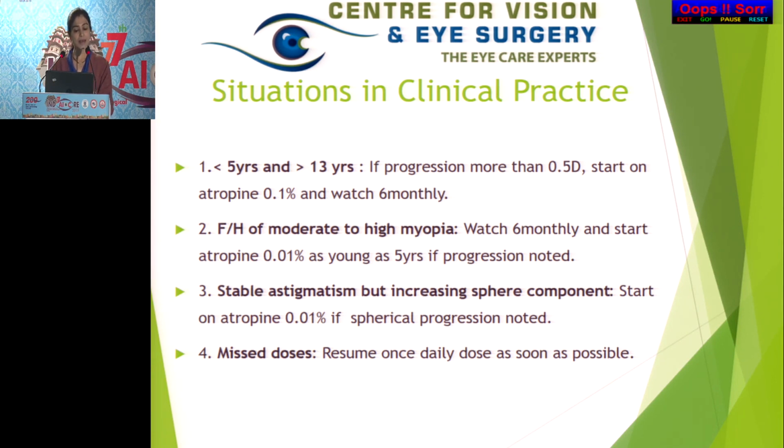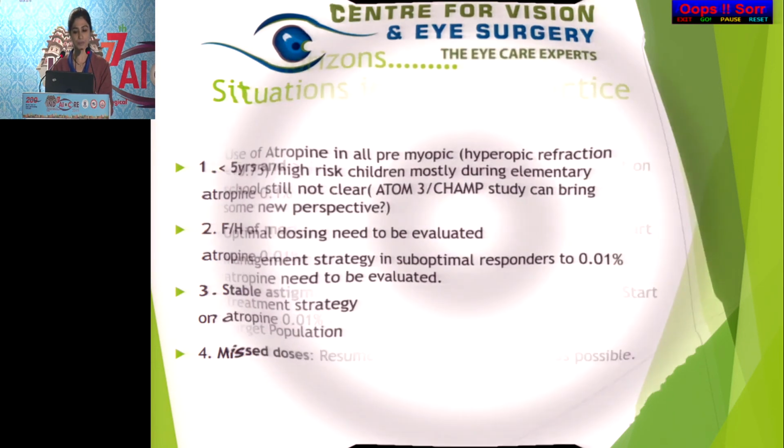If the astigmatism is stable, these are the tricky cases, but the sphere component increases, then we start on 0.01% if spherical progression is noted. This you have to see case by case, so that's why we have not put it in the protocol. If any doses are missed, we ask the patients to resume the once daily dose as soon as possible.